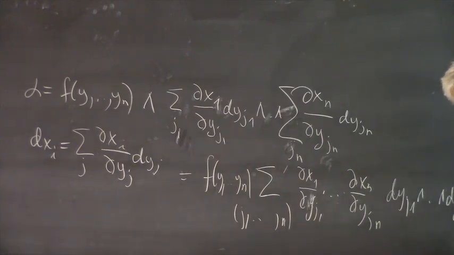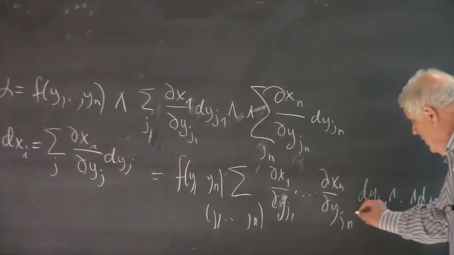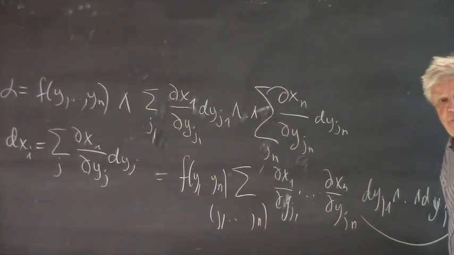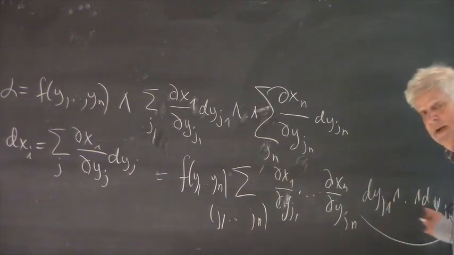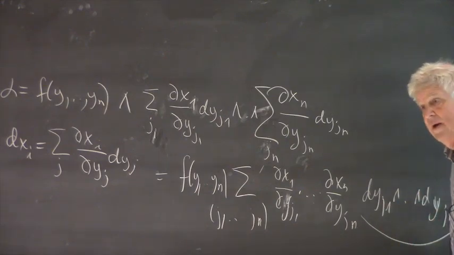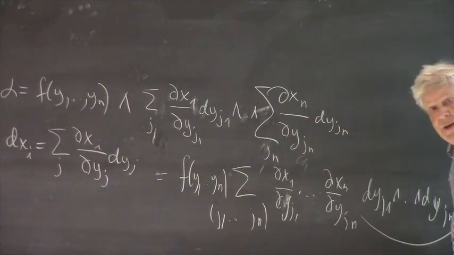This is certainly the right expression, but it still has something undesirable, because the order of these y's is not just 1 and so on to n. It's reasonable to make a permutation, because this is the same as dy1 ... dyn.